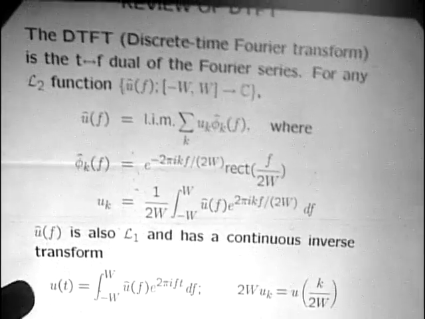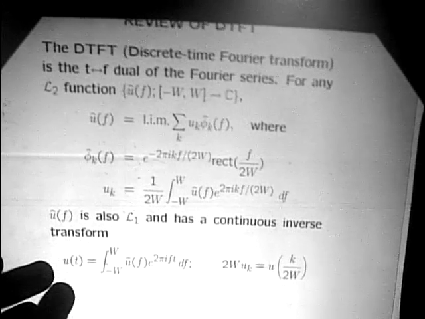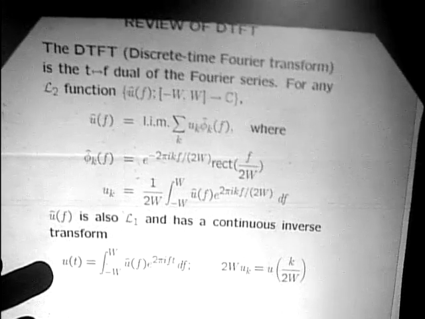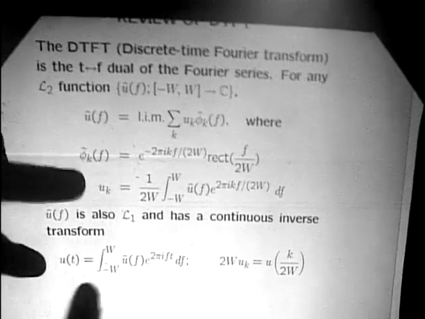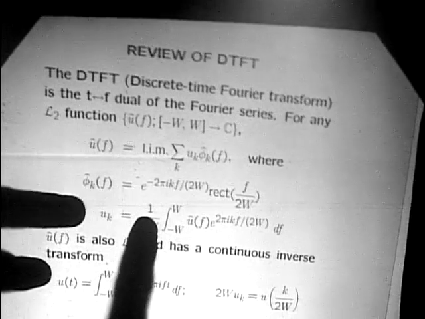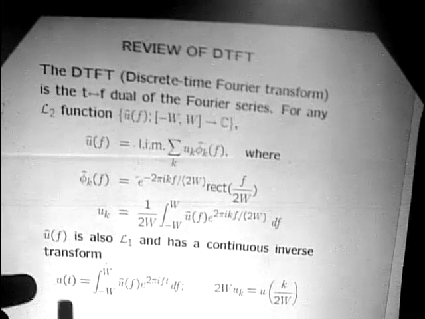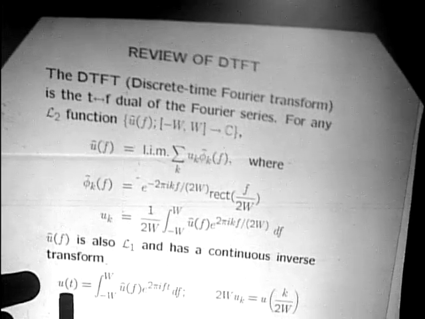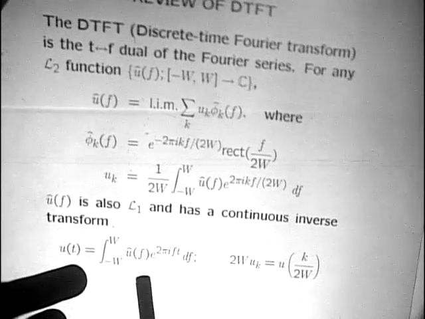If I go back to the previous slide, what we did here by comparing U of t with this expression for U sub k is see that the U sub k are the coefficients in the discrete-time Fourier transform. U of t is this inverse transform. These quantities here are almost the same.